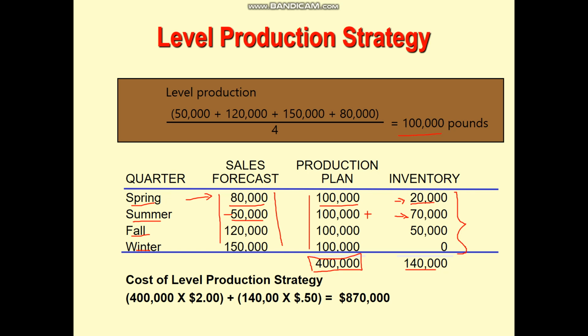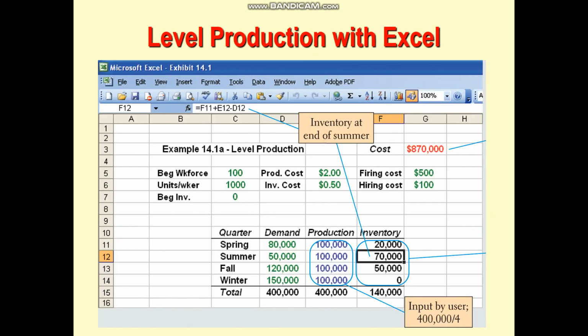And you can calculate the total cost when we use the level production strategy. We have the production cost and the inventory cost. The production cost is $2 per unit, and the inventory cost is $0.5.